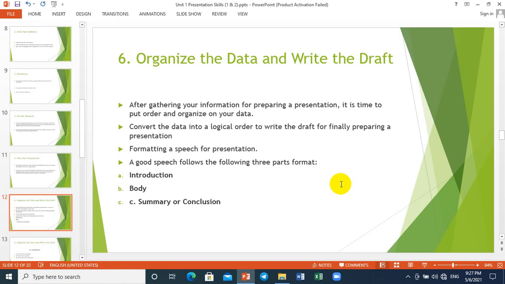And after that, we need to format a speech for our presentation. A good speech follows the following 3-part format. The first one, introduction, the second, body, and the last, summary or conclusion.